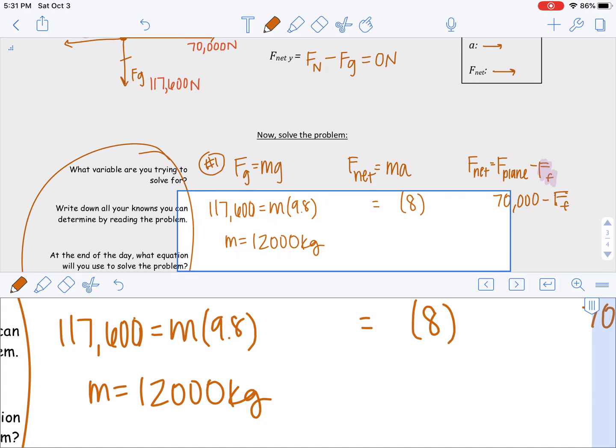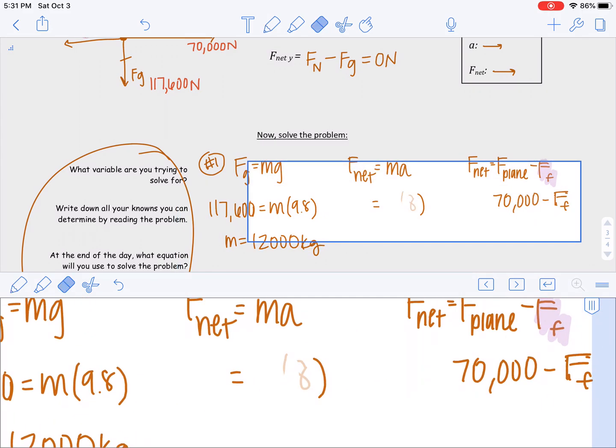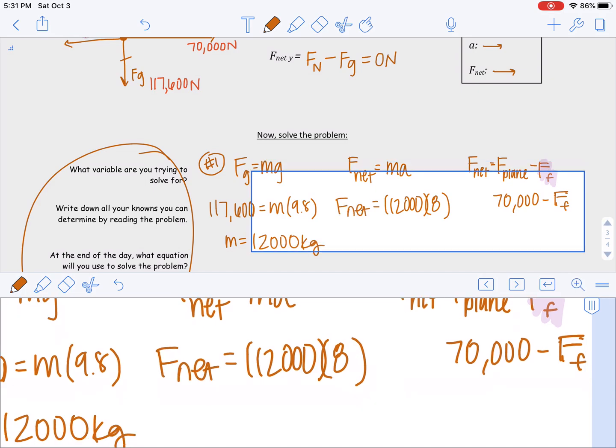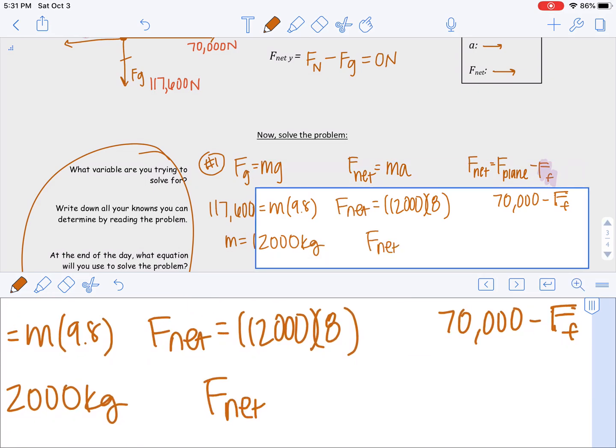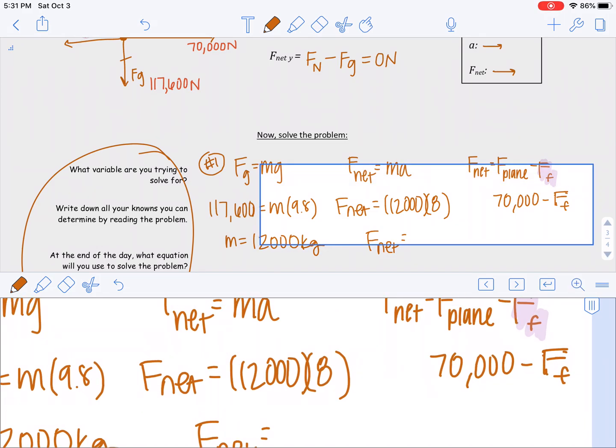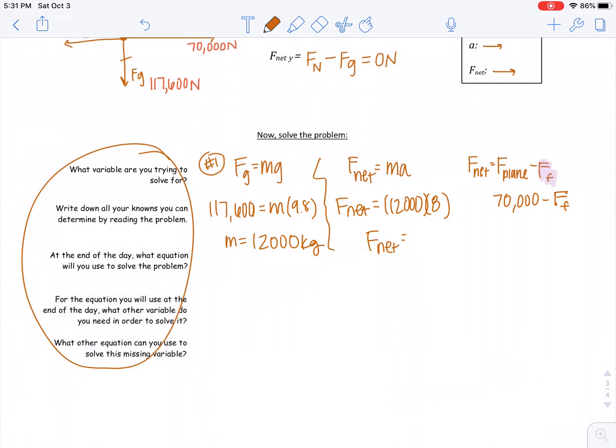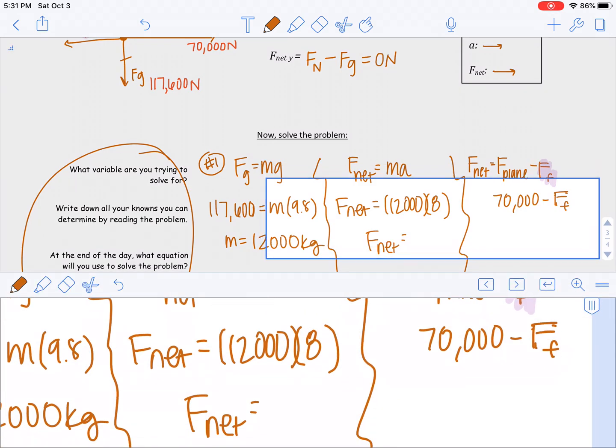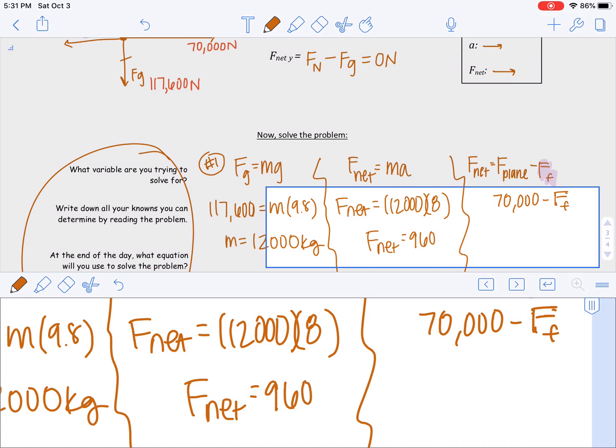Now I can take that mass and plug it into this equation, and I get that my net force is 96,000 newtons, positive.